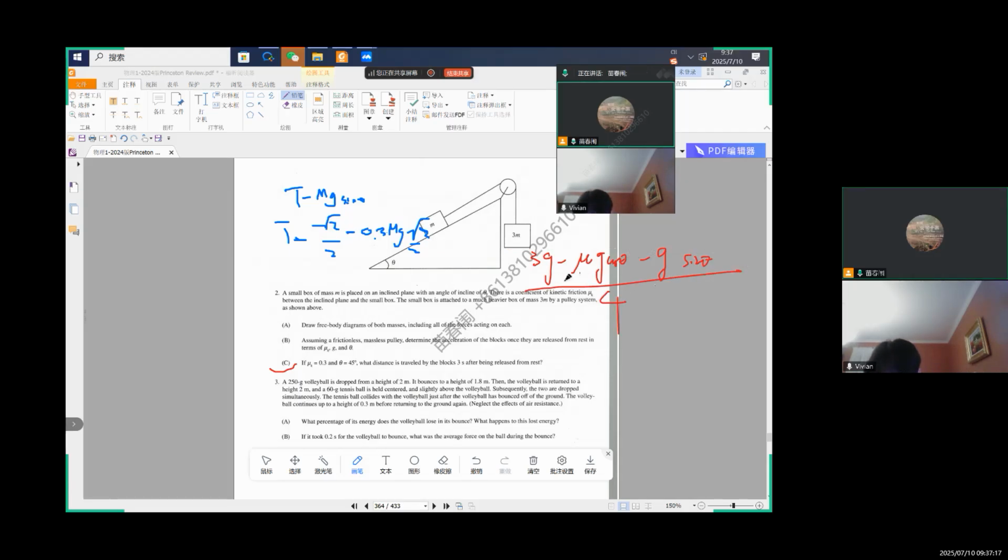Or you can get g as the common factor. So with this, you can just find the acceleration directly, right? If you times 10, 0.3, I don't think you have to do it. It's okay.